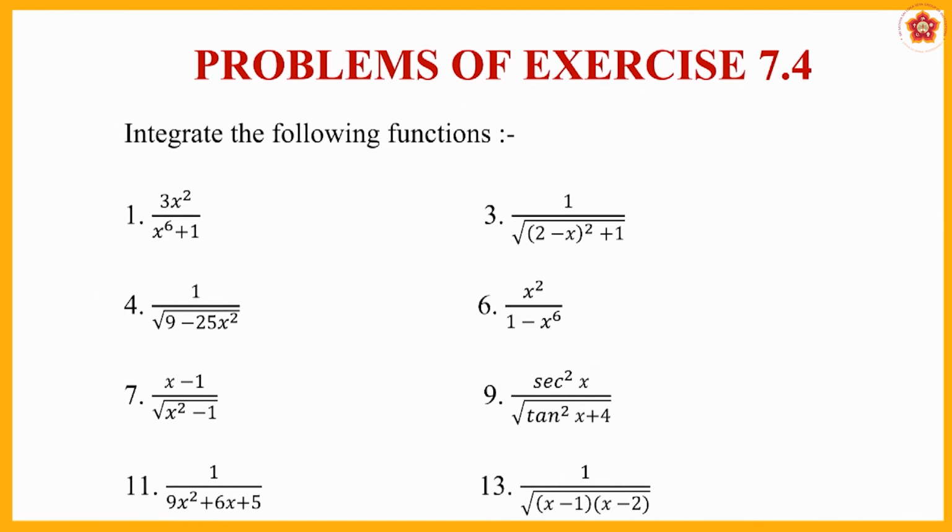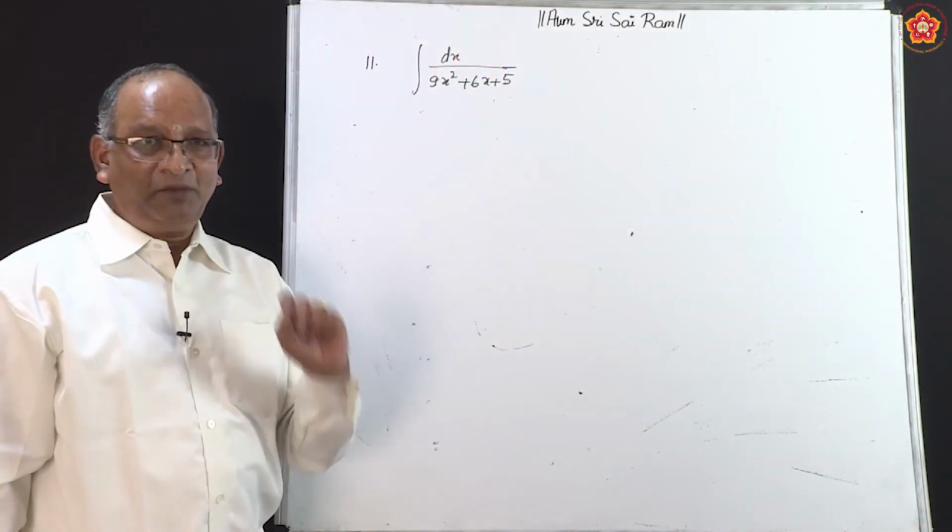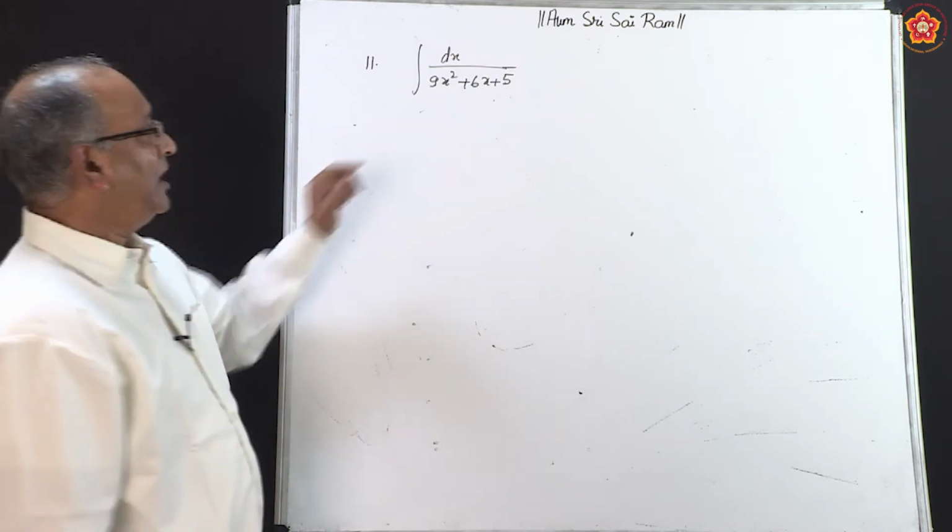We have the 11th problem. Integral of dx upon 9x square plus 6x plus 5. This is that 7th type, if you can recollect. 7th type means when the denominator is a quadratic polynomial. So, how do you do it?